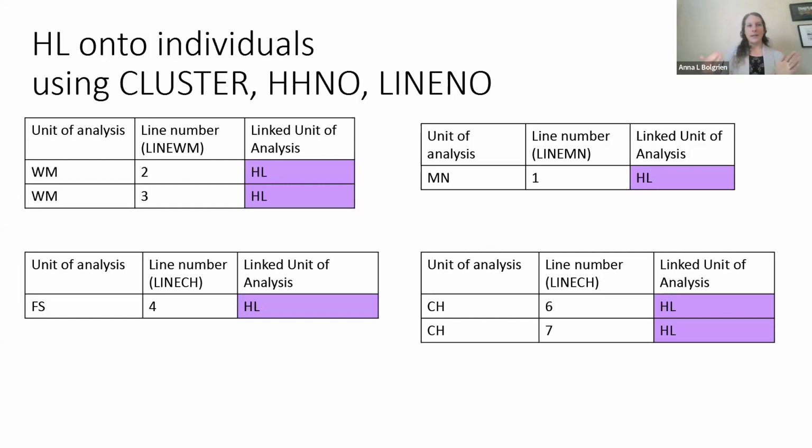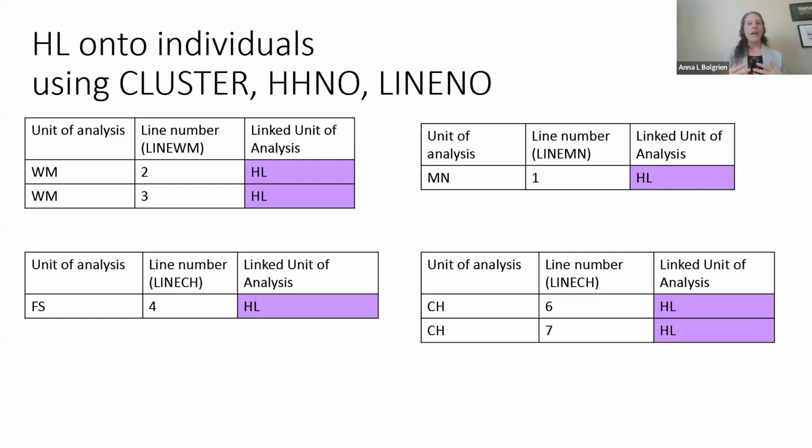Now, this might seem a little redundant because you're linking information about one individual from two different data sets. But this is actually important for MICS because there are specific variables that are only found on one unit of analysis and not on others.